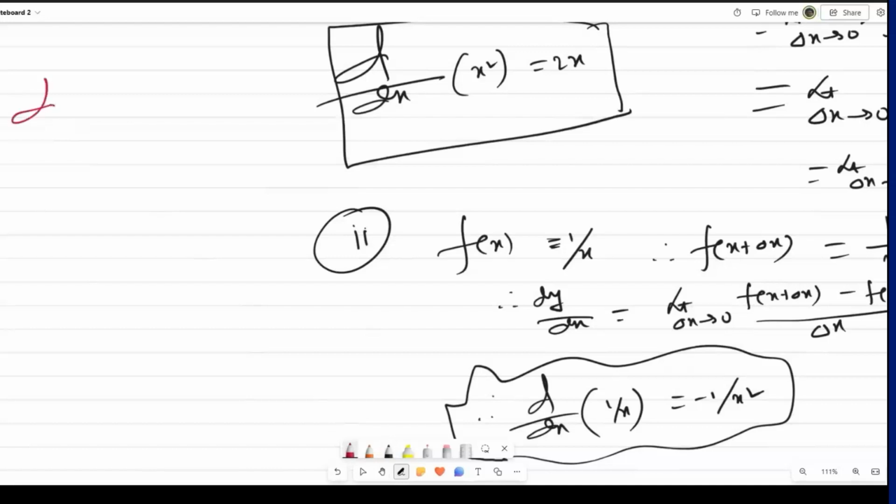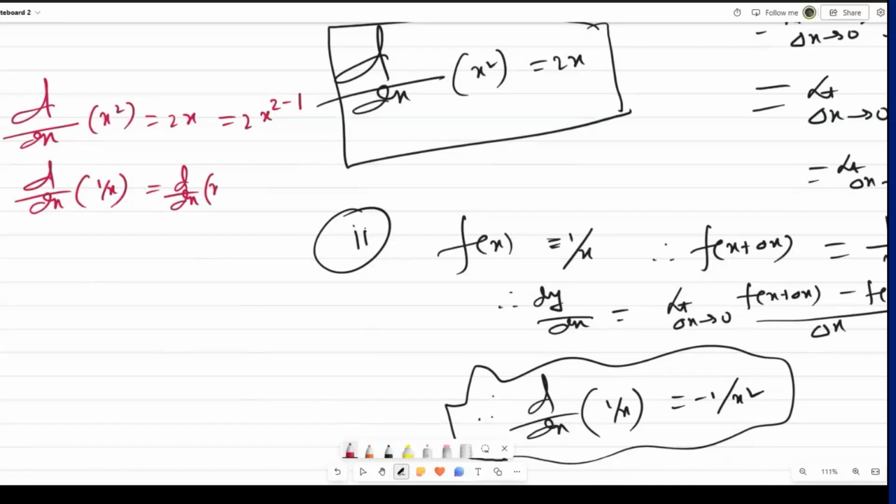We found d/dx of x squared equal to 2x, which is nothing but 2x to the power 2 minus 1. Yes. I have found d/dx of 1 by x. It is d/dx of x to the power minus 1.